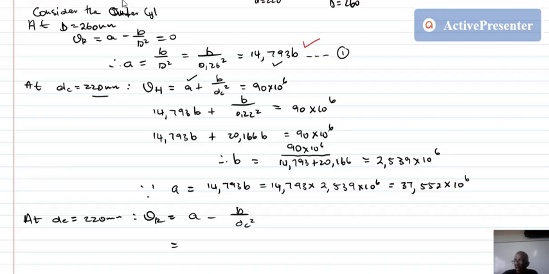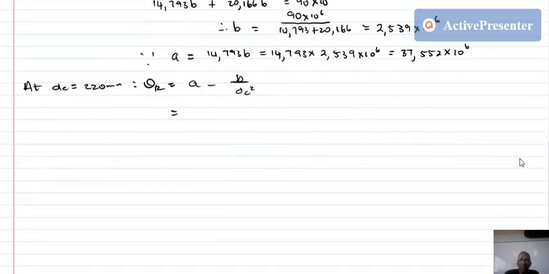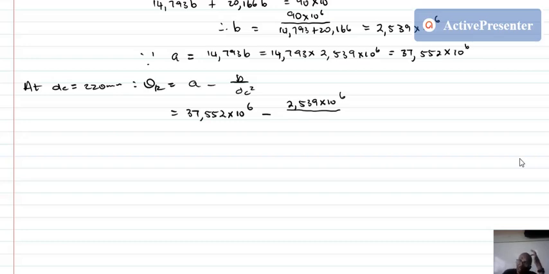Our A gave us 37,552 × 10^6 minus your B, which is 2,539 × 10^6, everything divided by DC, which is 0.22 squared.